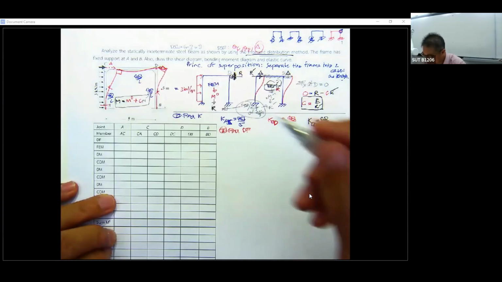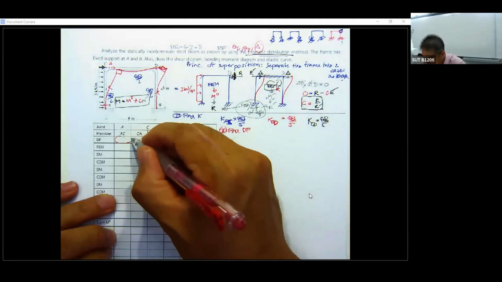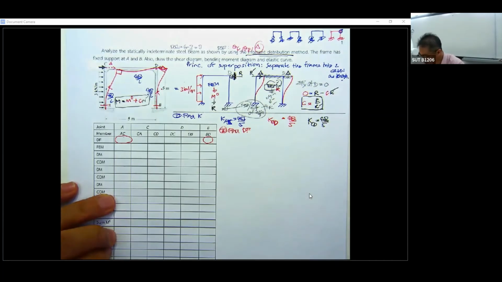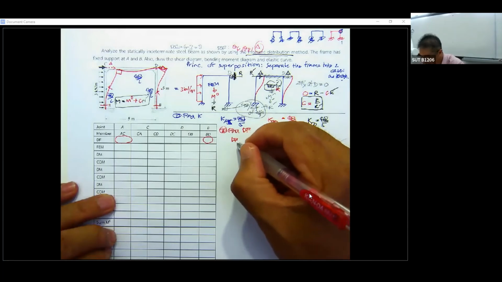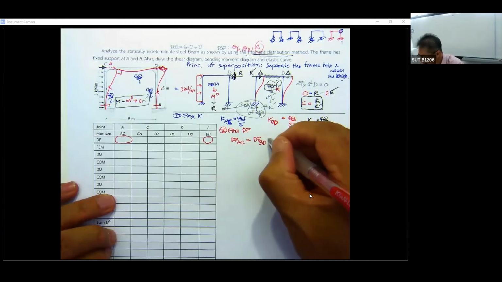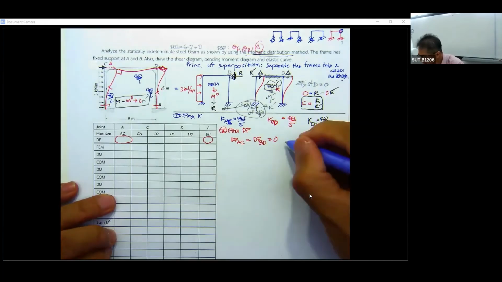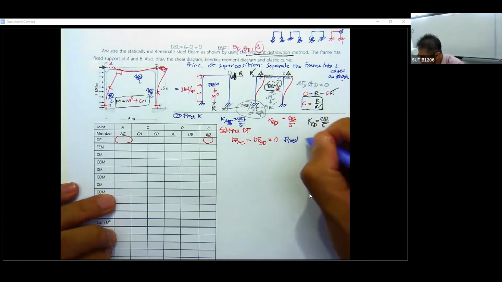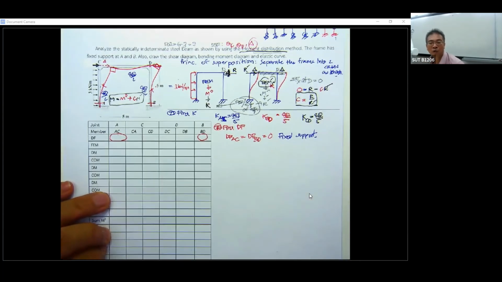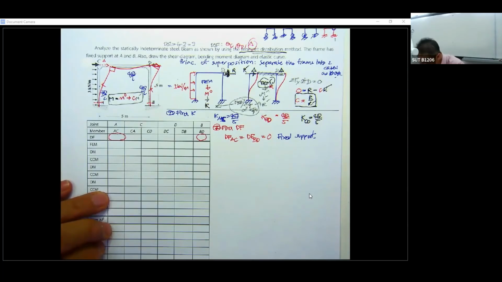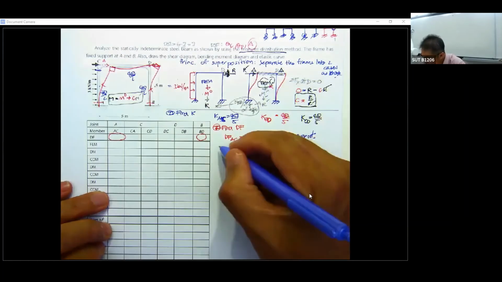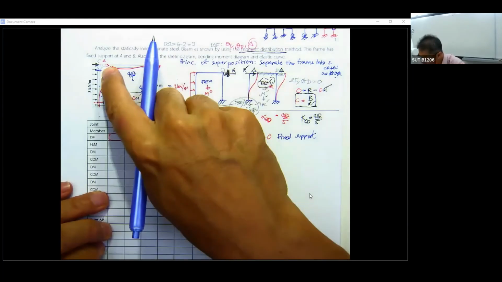Then the second step, we find the distribution factors. For sure, distribution factor AC is here, BD is here, they are all 0. Distribution factor AC equals distribution factor BD equals 0, since it's a fixed support. Give the reason why you put it to be 0. Now you move to this portion. You go to distribution factor CA.